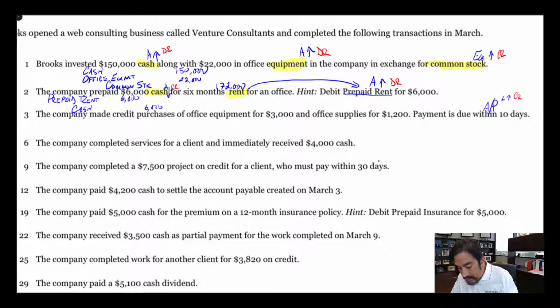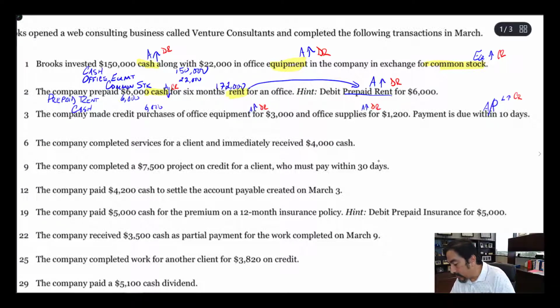And then we've got office equipment, which is an asset. We brought more office equipment into the company, $3,000 more, and office supplies, which is an asset. We brought more office supplies into the company. So we increased both of those. We increase assets with debits.